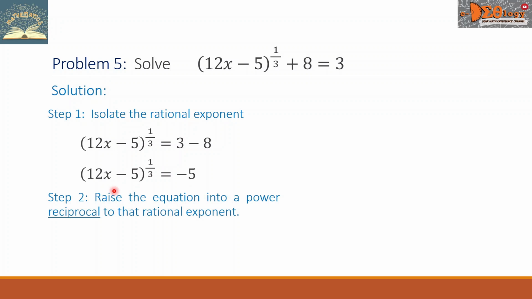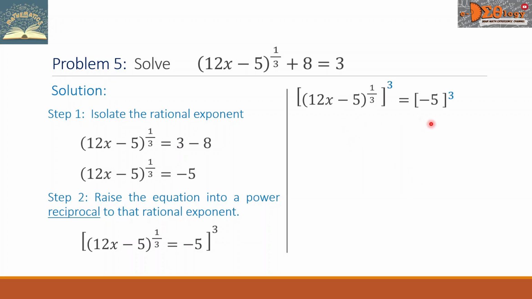Then step 2. We raise the equation into a power reciprocal to that rational exponent. Our rational exponent here is 1 over 3. That means the reciprocal is 3. Then we raise this equation into this power 3. By doing that, this exponent will come to the left side and to the right side of the equation, just like this.